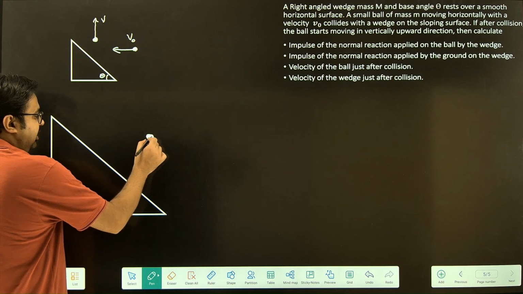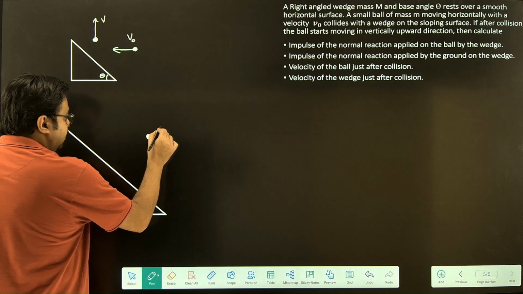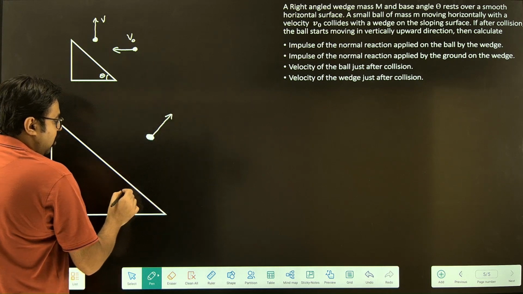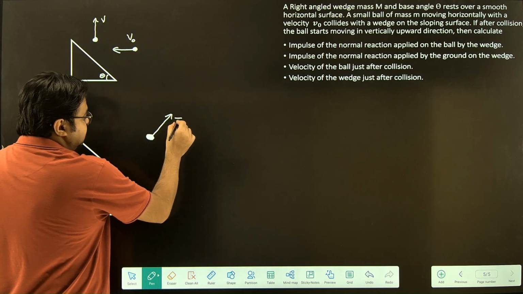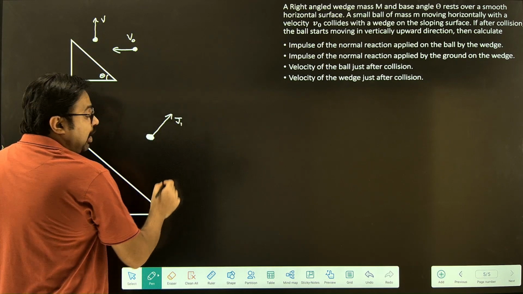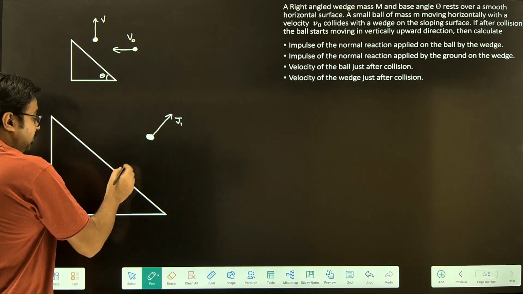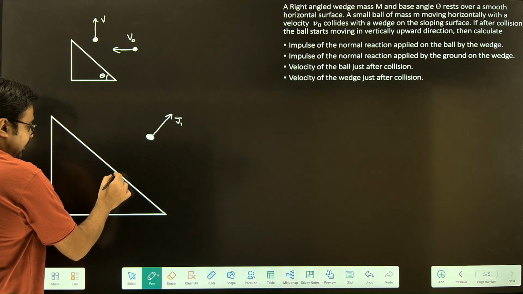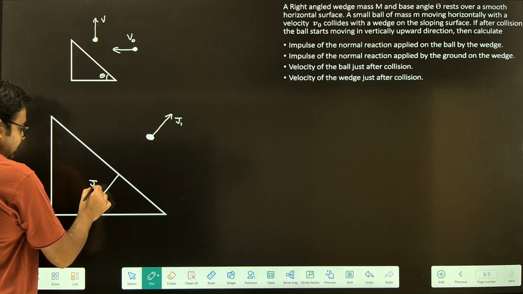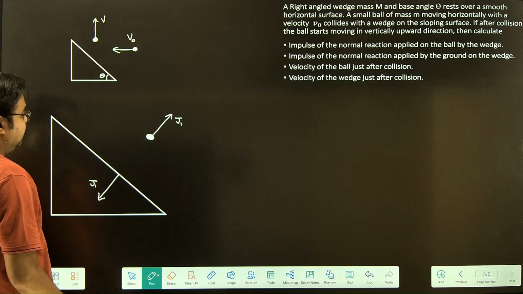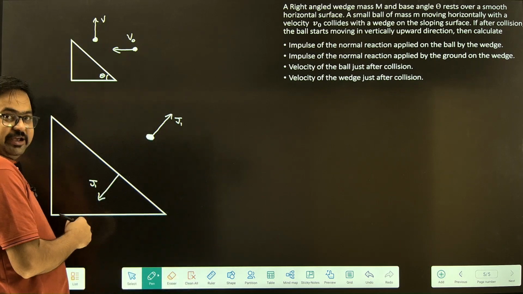The ball will receive an impulse in a direction perpendicular to the plane of the wedge, because that's the direction of the normal reaction. Call that J1. J1 is the impulse due to the normal reaction. Because of Newton's third law, the same impulse the wedge would experience in this direction. It's all Newton's third law. This is exactly what we have to find.